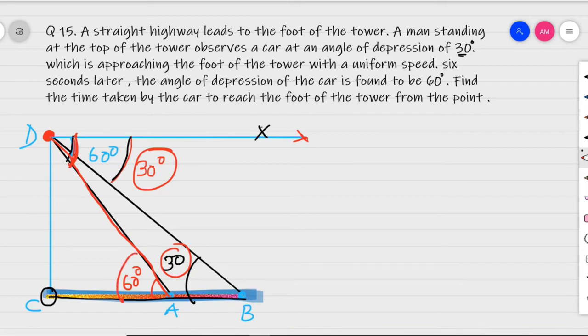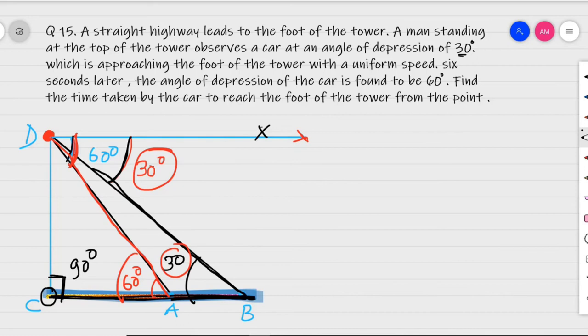Now we are completing 30 here. This is 30, and from here this line is going to make another 30 degrees. Now this is clear. This is 90 degrees because CD is the tower and CB is your highway, so these two are making 90 degrees.